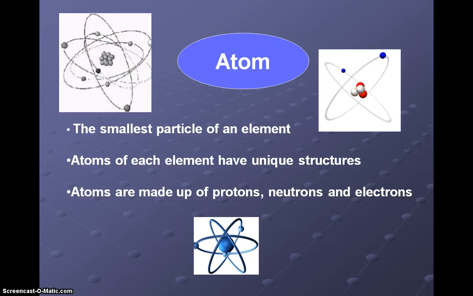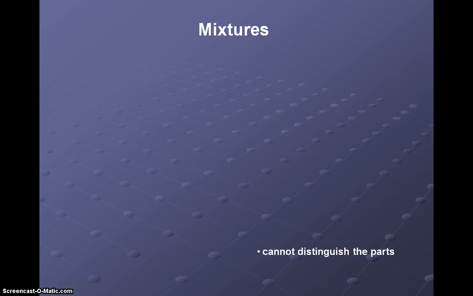The subatomic particles that make up atoms are protons, neutrons, and electrons. What defines an element and how it behaves is based on its electrons and its number of protons. We'll get into more details of that next time.